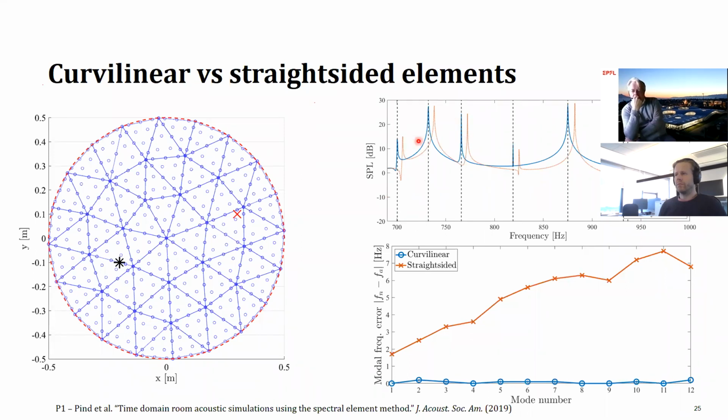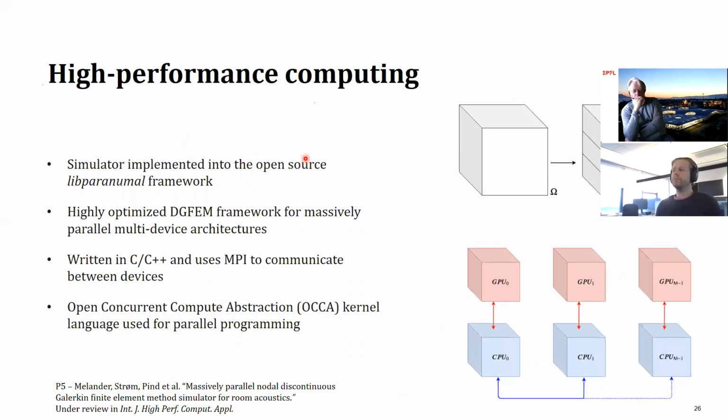But when we use straight-sided elements, there is an apparent mistuning of the resonance frequencies. Another way to view it is to look at the error here. We see that the error increases with frequency when we use the straight-sided elements, it remains low when we use curvilinear elements.